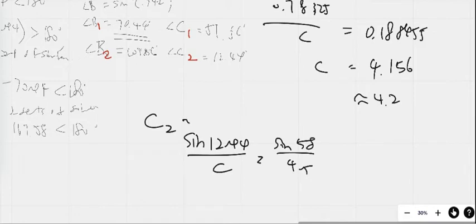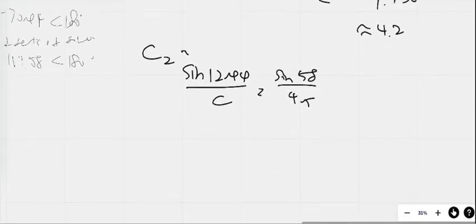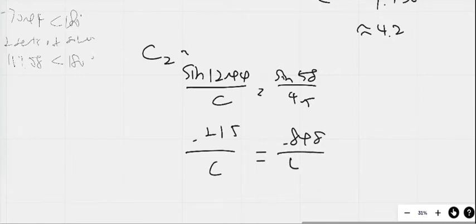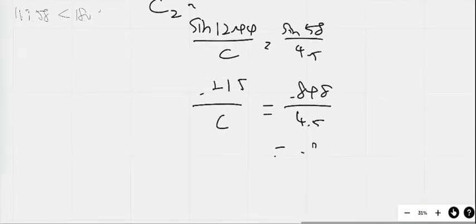Sine of 12.44 is 0.215 over C is equal to sine of 58, which is 0.848 over 4.5, which is 0.1884, and will become 0.215 over C. To get C, we divide 0.215 by the answer, and C will be 1.14.